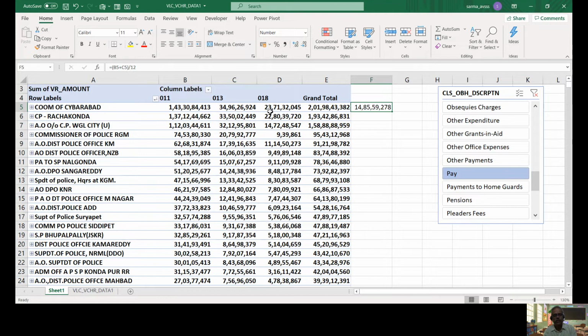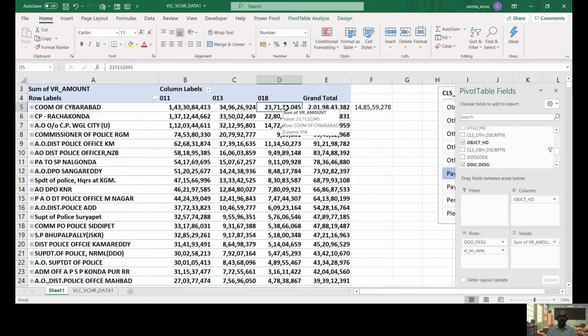So even if the police department personnel are permitted to draw 30 days salary, it should be in and around 14 to 15 crores, but the amount spent or drawn under leave encashment is say 23 crores. So there is a gap of 7 to 8 crores. So definitely we have to look into the vouchers.